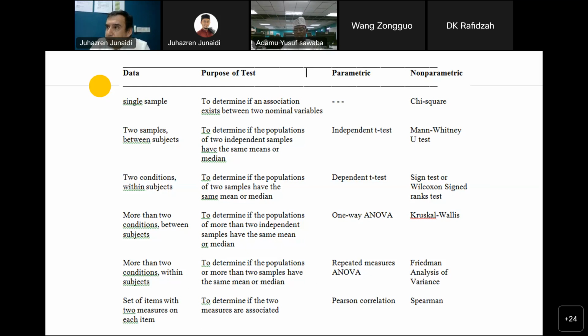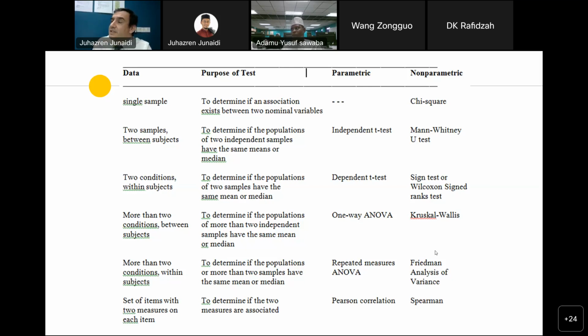Let me tell you something. When one of the parametric tests finds no significant results, so will the counterpart non-parametric. So the result will not change. Okay? Just keep in mind, it will not change the result whether you are using non-parametric or parametric tests.